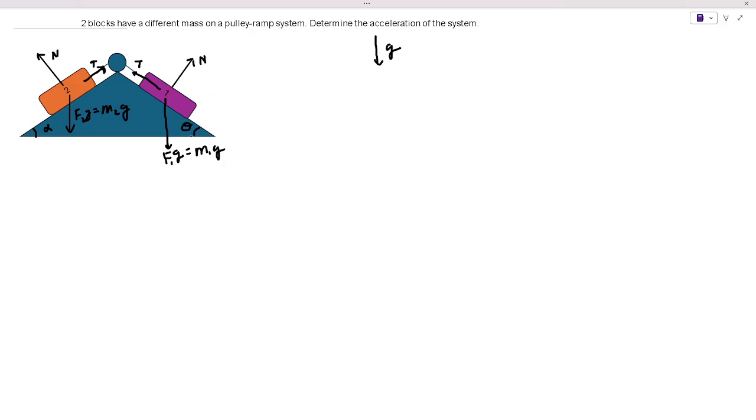And if you do a bunch of trig, you're going to end up finding that the angle here will equal the angle here. Same thing goes for this part: the angle here will equal the angle here. So this is alpha.